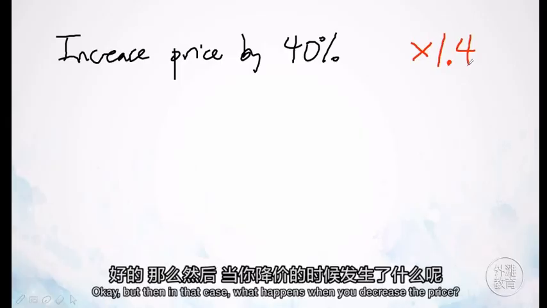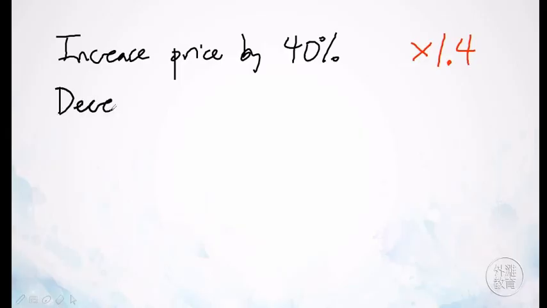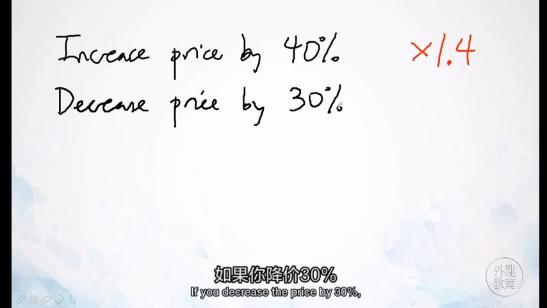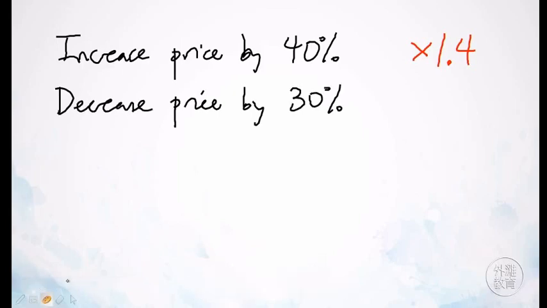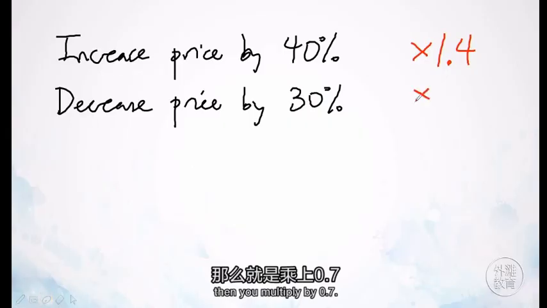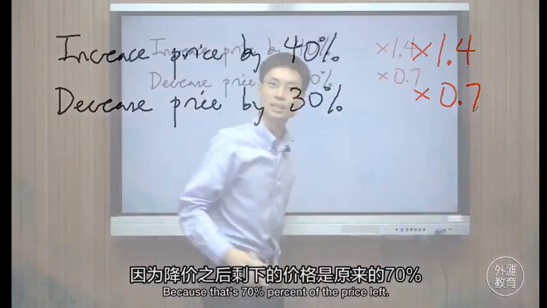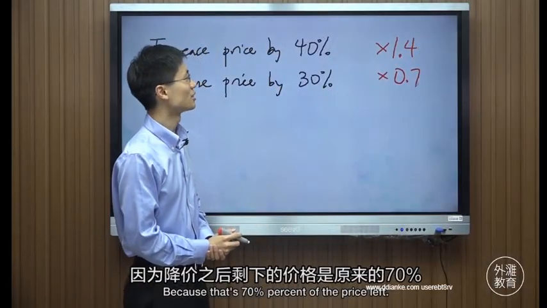Okay, but then in that case, what happens when you decrease the price? If you decrease the price by 30%, then you multiply by 0.7, because 70% of the price is left.